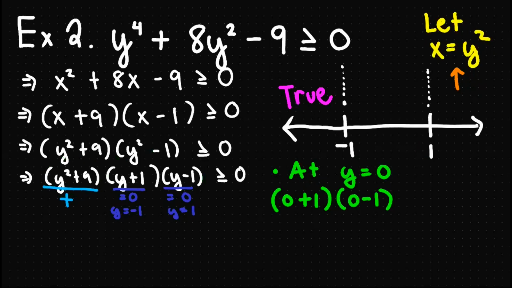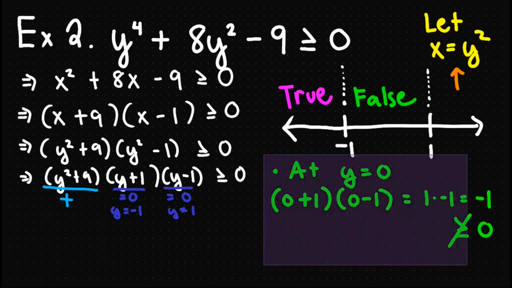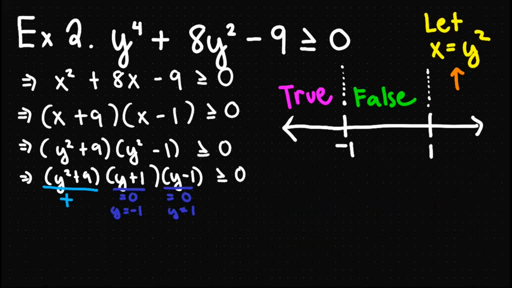So 0 plus 1 times 0 minus 1 will give us 1 times negative 1, or simply negative 1. But negative 1 is not greater than or equal to 0. So it does not satisfy our inequality, and we say that this region out here is false.